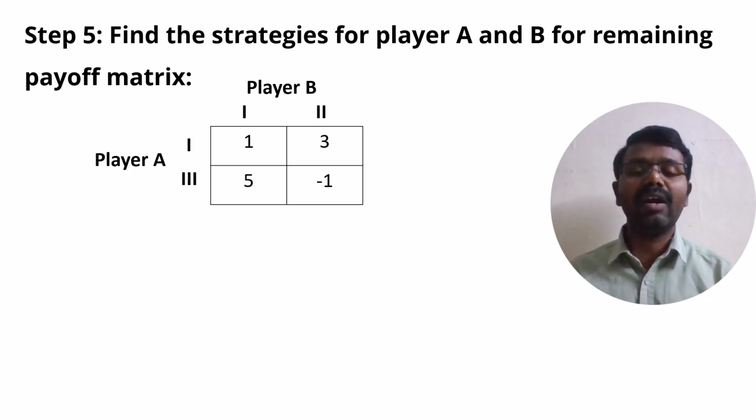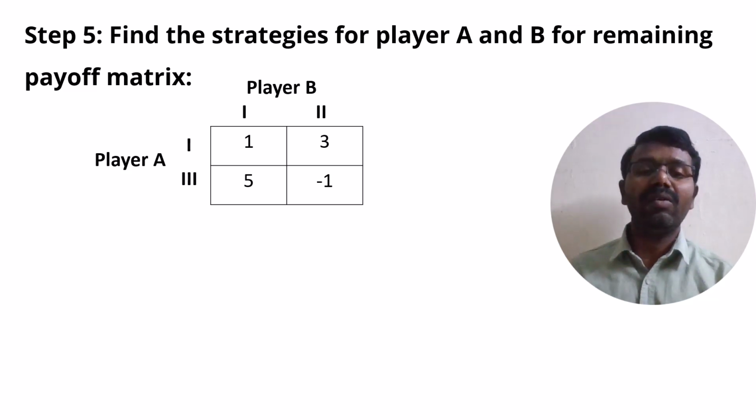So now we will take the 1 and 3 alternatives. If you draw the graph, there is an intersection at A1 and A3. So that is why it becomes a 2 by 2 matrix. Player A is left with 1 and 3, and player B is left with 1 and 2.